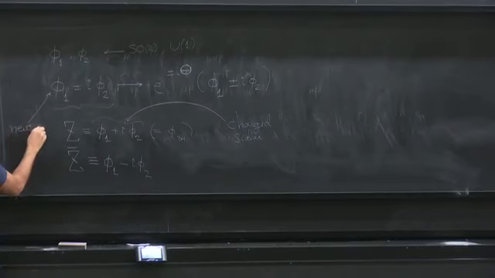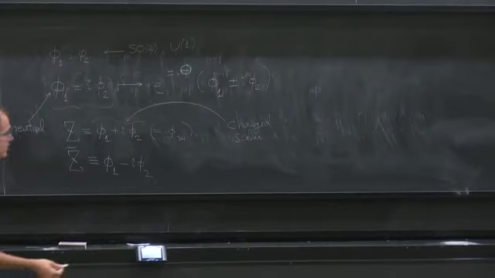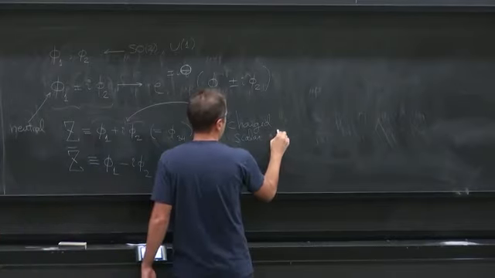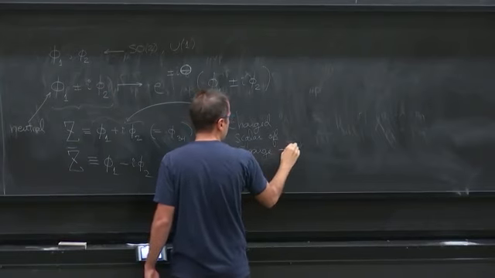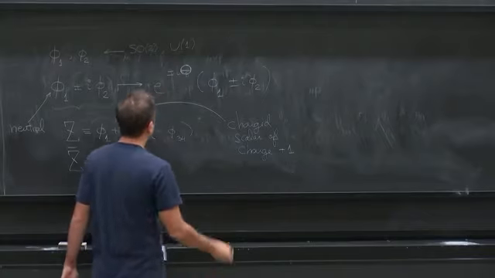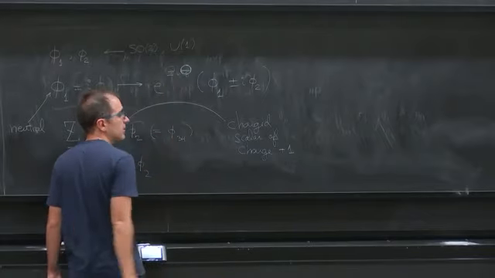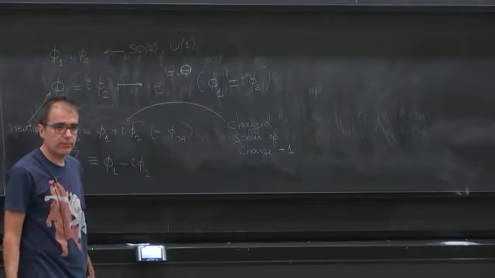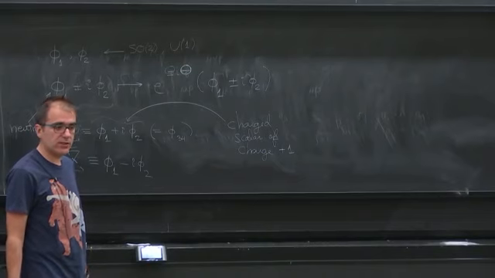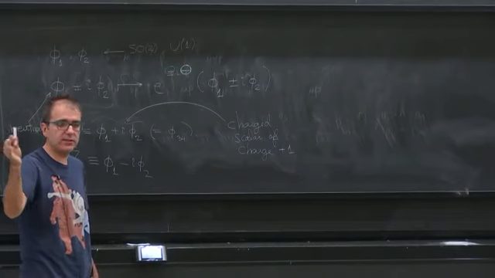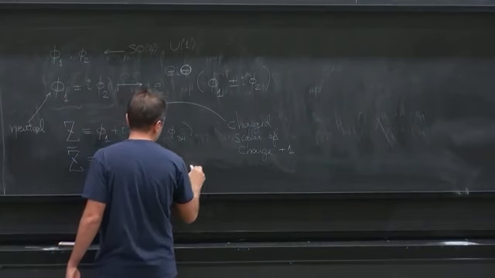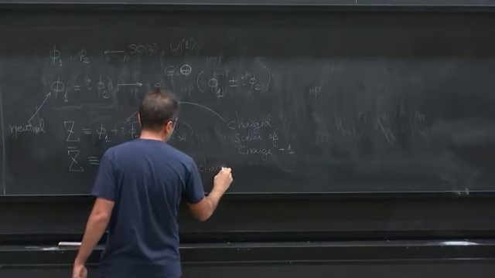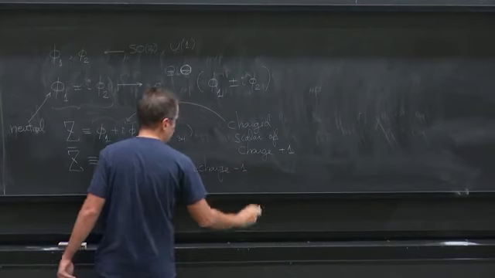But now this combination is a charged scalar of charge plus 1, meaning that you pick the plus sign under the transformation under this U1. Z transforms into E to the plus I theta Z, whereas Z bar would have charge minus 1.